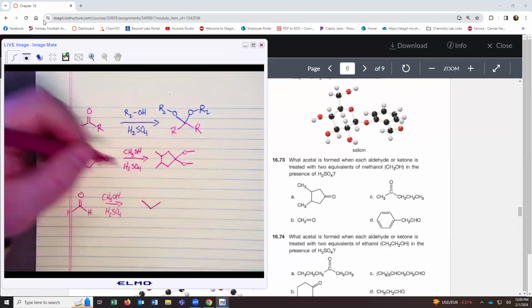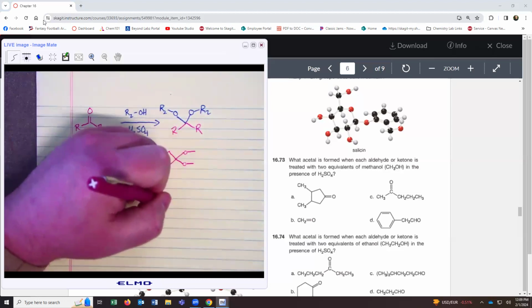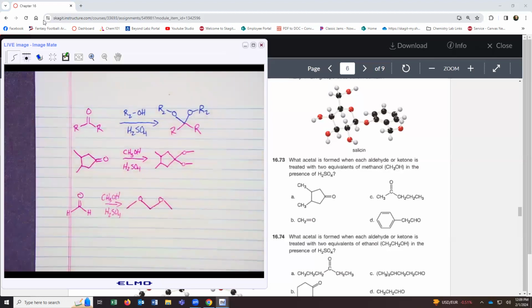Now, this is kind of a tough one. Because that carbon right there is this carbon. All right. Note that there were 2 hydrogens bound to that carbon at the beginning. There's still 2 hydrogens bound to that carbon at the end.